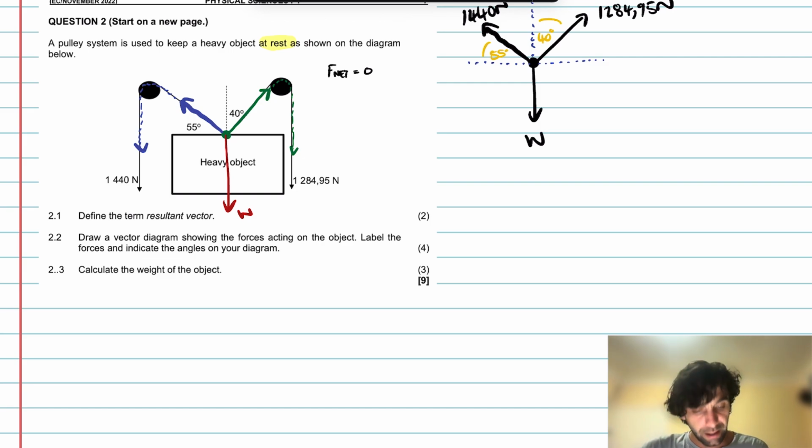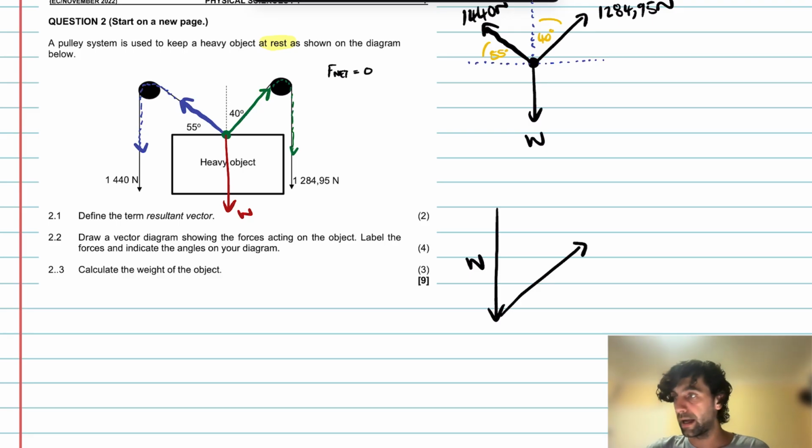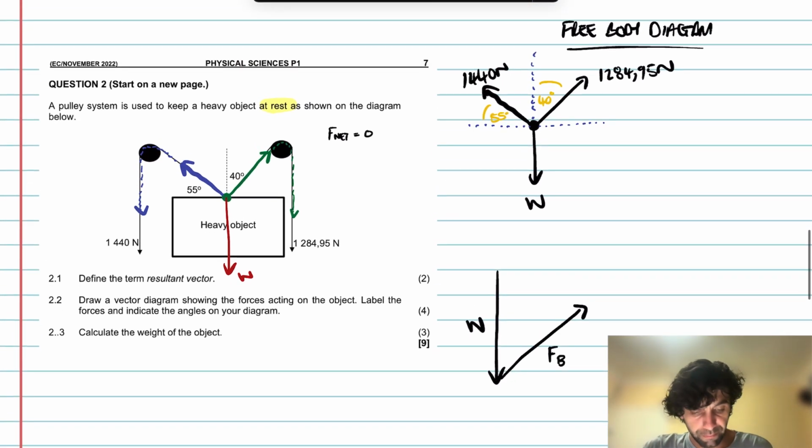A vector diagram would look something like this. We have our weight acting downwards. Then we have this force acting this direction. I'm just going to call this one FB, and the one acting in this direction over here I'm going to call FA for argument's sake.